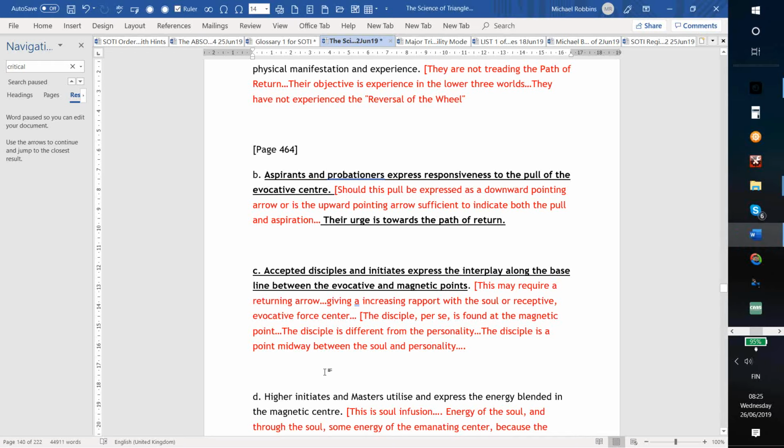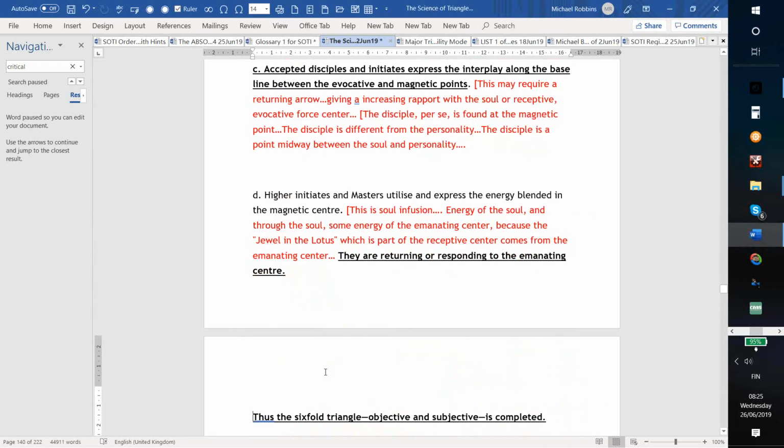Now, what's the next group? The higher initiates and masters utilize and express the energy blended in the magnetic center. Now, what did I say earlier?